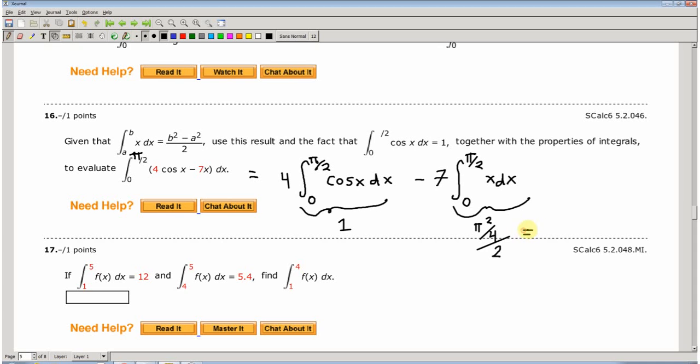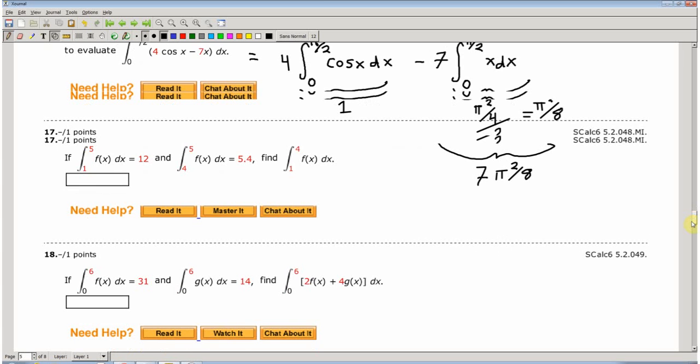And so the integral for the stuff just under the bracket, you also have to multiply in -7, right? The stuff just under the bracket is pi squared over 8. So this whole part is going to be 7 times pi squared over 8. So this part is 4, so 4 take away 7 times pi squared over 8 is the answer. Super fantastic.